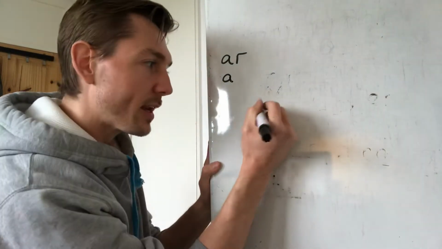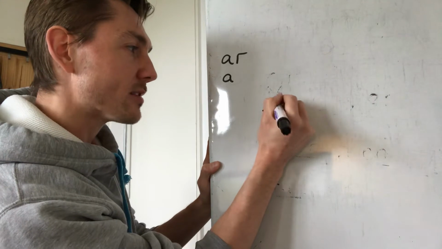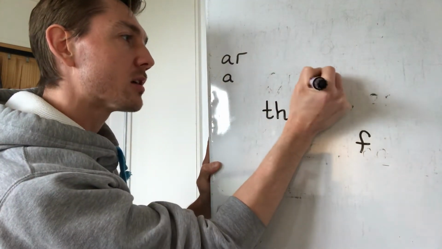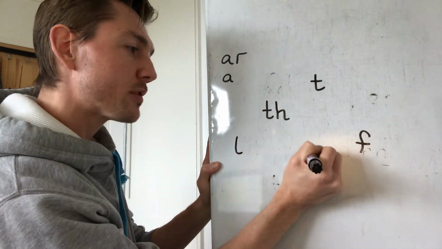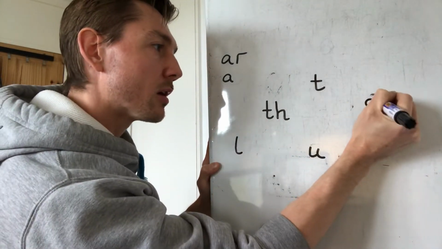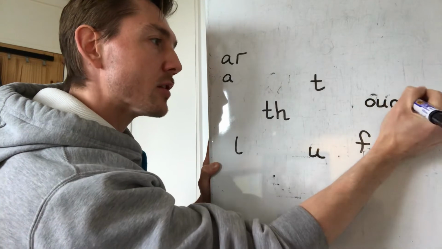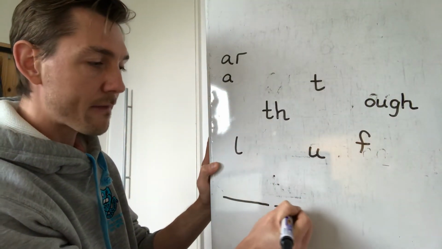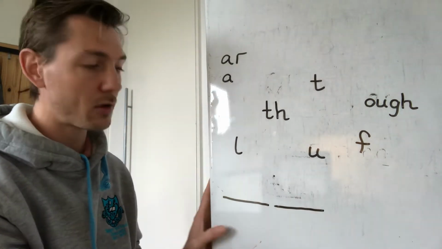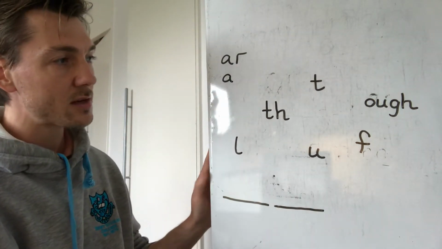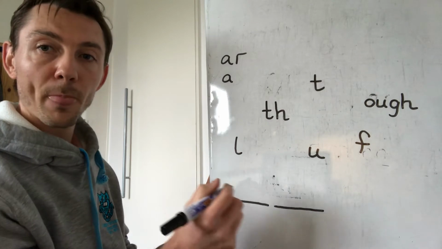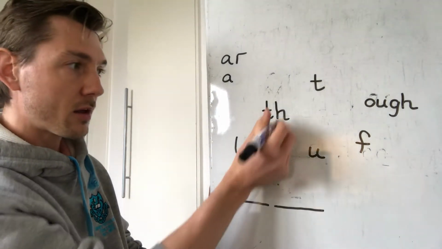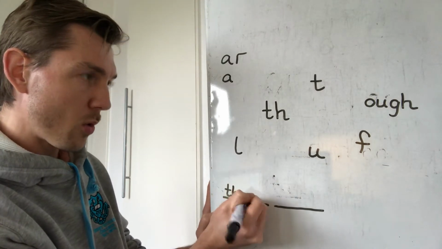Okay, next word. These are the sounds that you need to build the word thoughtful. Okay, so 2 syllables again. Thoughtful with the suffix full on the end. So say the sounds and build the word. And we have th, or.